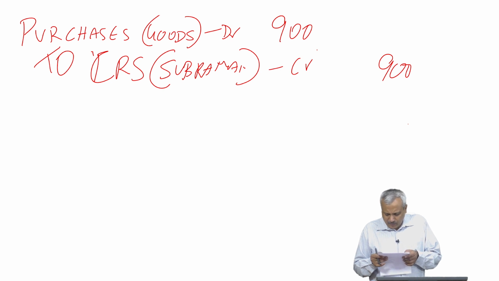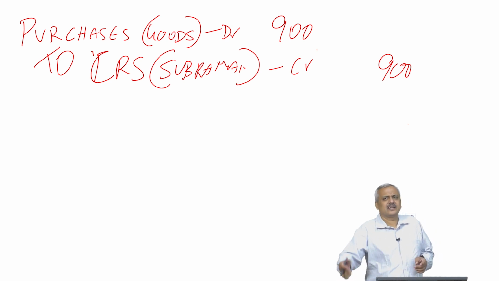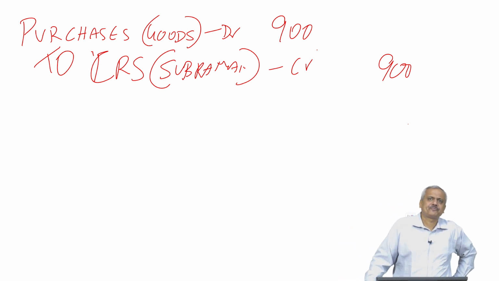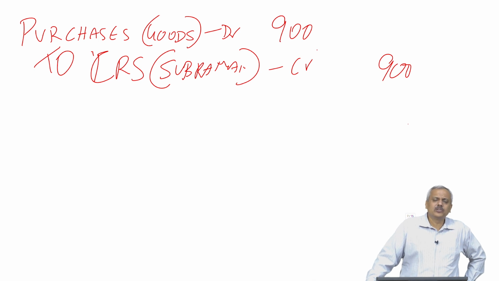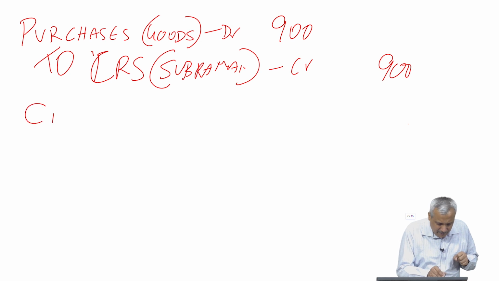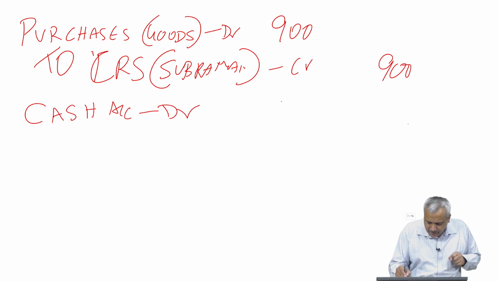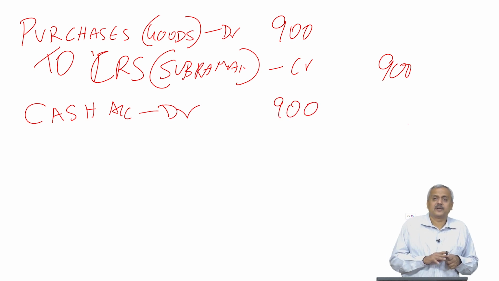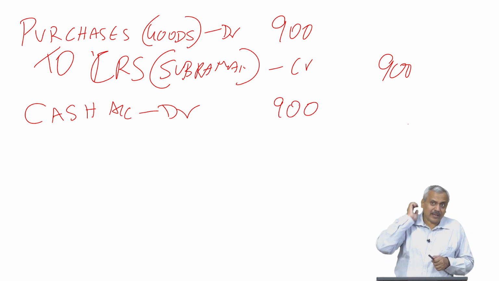Next, it says sold goods for cash to Pataudi, rupees 900. I have taken very simple figures. What is happening in this case? Cash is coming in, so debit what comes in: cash account debited 900.